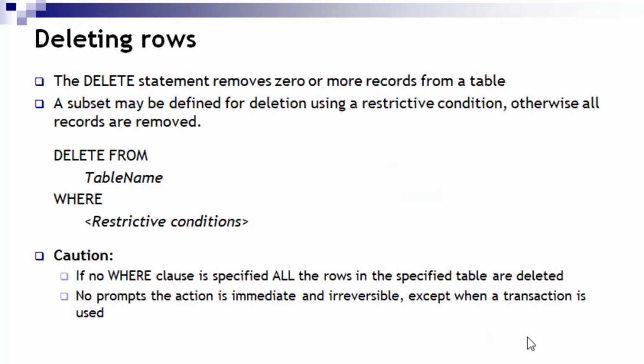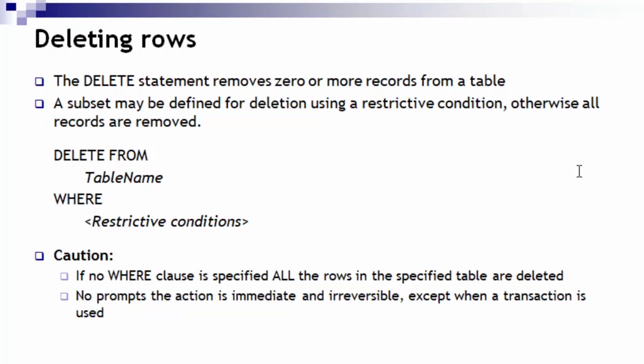Then there's a mention of deleting rows. Now the delete statement removes 0 or more records from a table. This removes the actual rows from the table. It does not remove columns. To remove a column, we need to make a structural change, and alter the table structure.